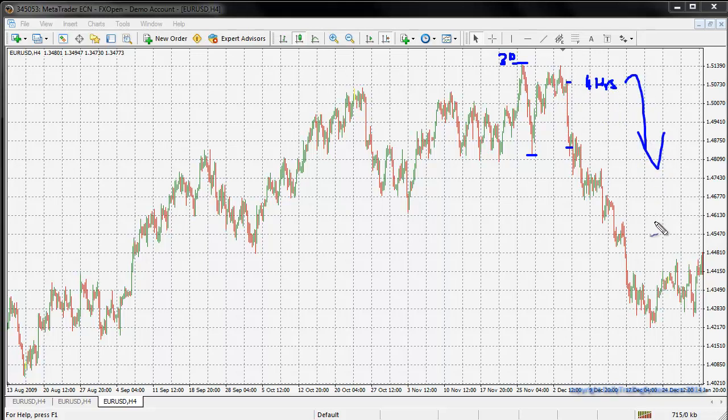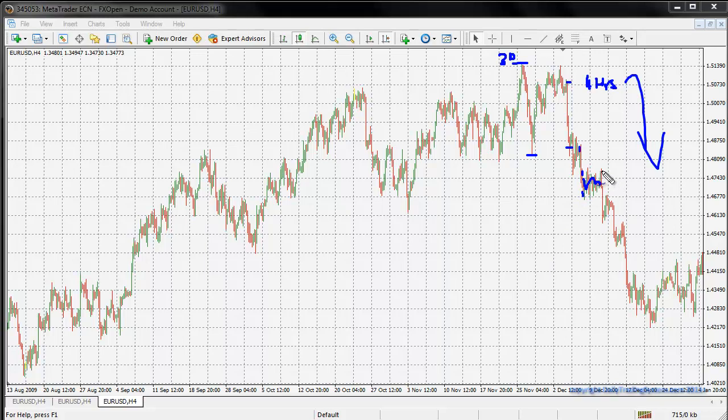Now I can prove this over and over again until I'm blue in the face that this pattern emerges all the time. For instance, candle 1, candle 2, candle 3, 12 hours, and then it went sideways. It didn't drop immediately, or it didn't even really come down that much.